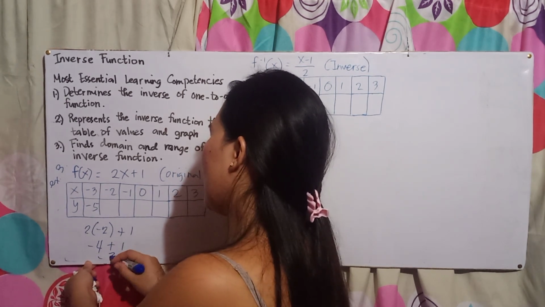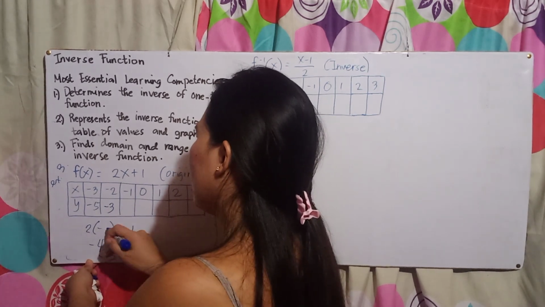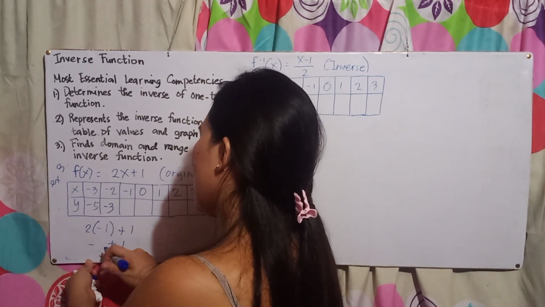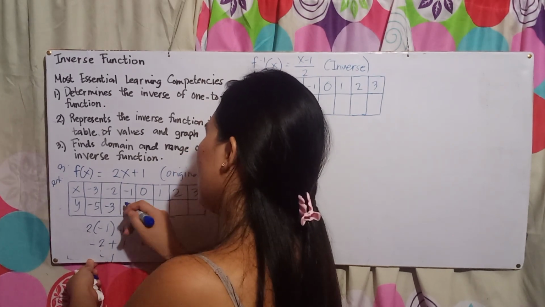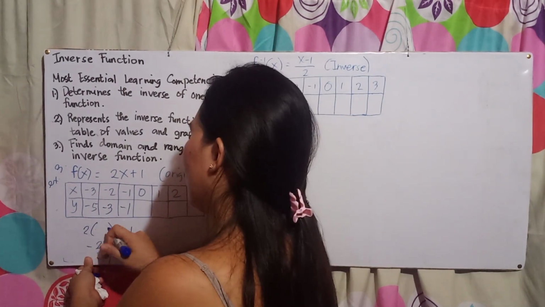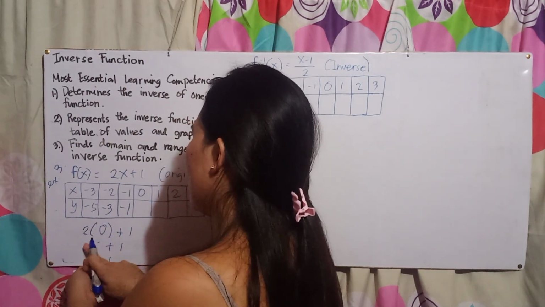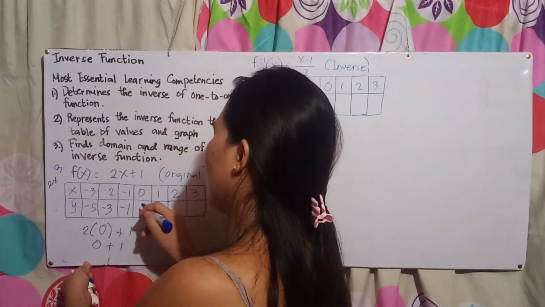So, it becomes negative 3. Then, if x is negative 1, it becomes negative 2 plus 1, so negative 1. If x is 0, it becomes 0 plus 1, which is 1.